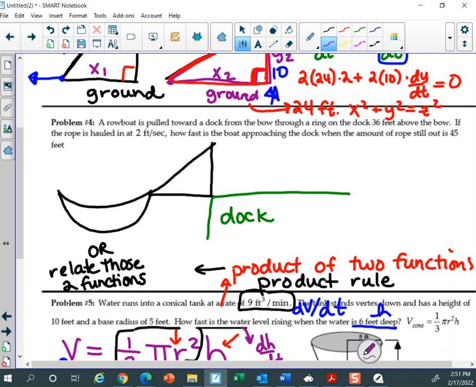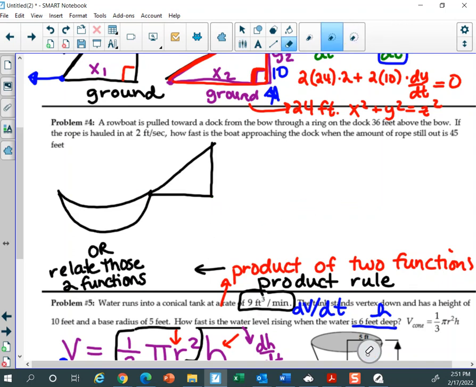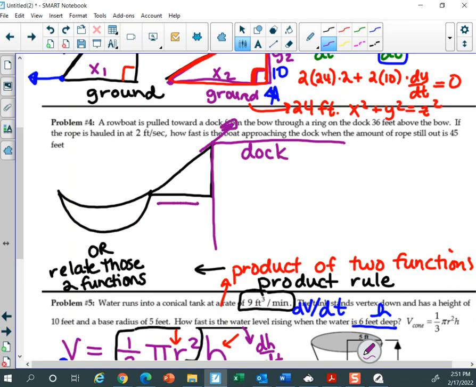Actually, I didn't do a very good job there. Nope, the dock would have to be up. Sorry, guys. I'm doing a crappy job. I suck at this problem. Okay, so there's the dock, because the ring is up at the dock. And so the rope is getting pulled in, and the boat is coming to the dock.